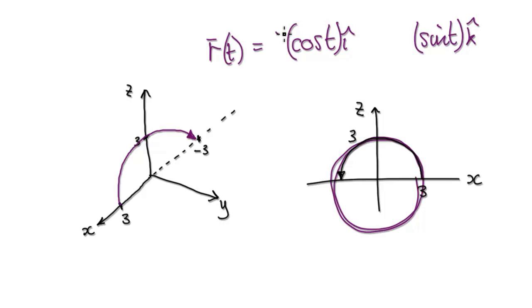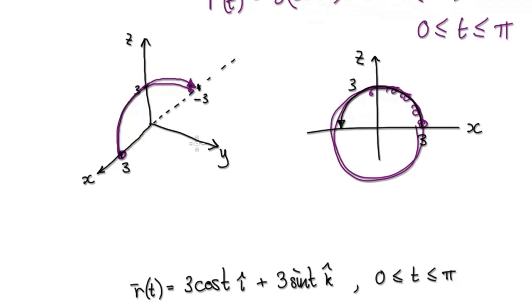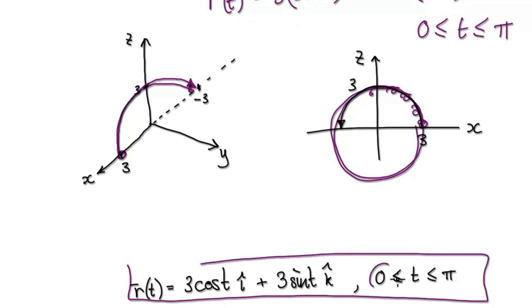So stick a 3 in front of it. So now you've got a particle that moves, and t would be from 0 to pi. That's how you would drive a particle from here to here. So this would be your position vector, from 0 to pi.